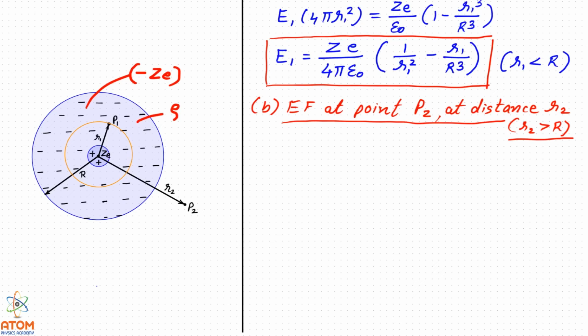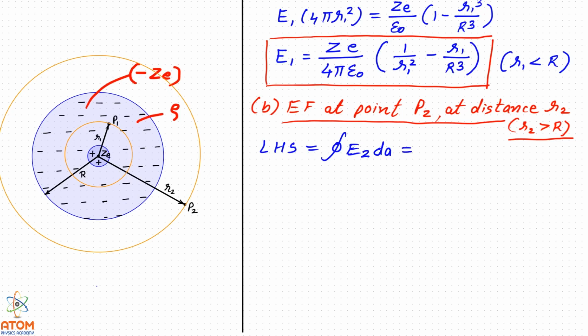Again we have to use the Gaussian equation, and so obviously we have to pass a Gaussian surface through this point P2. So here I am drawing a Gaussian surface, let me adjust it, through this point P2. It is having a radius R2. Now the left hand side of the Gaussian equation is closed integration E2 dA, where E2 is the electric field on the Gaussian surface.